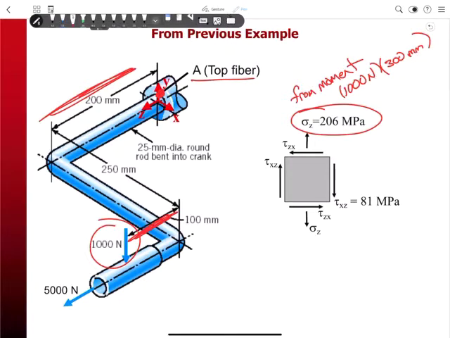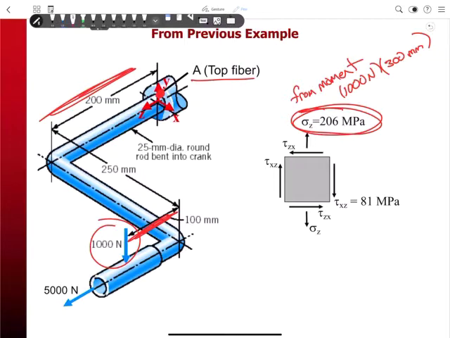And remember, I mentioned this last time, newtons and millimeters are really convenient because when we wind up with newtons per millimeter squared, it winds up being megapascals. So we have this 206 megapascal normal stress from the stretching of those top fibers, and that's normal stress.